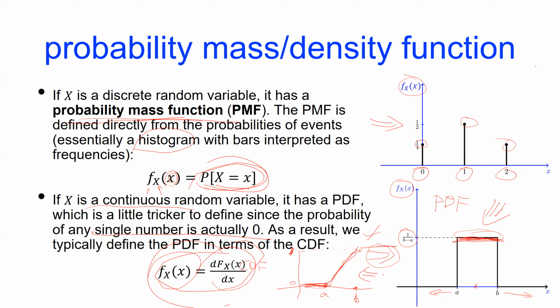So your outcome space will be 0, 1, 2, only 3 values. Then you are mapping each individual outcome to a probability. So I would say this guy with 0.5, this, sorry, 0.25, this is 0.25, this guy. So this is a PMF.